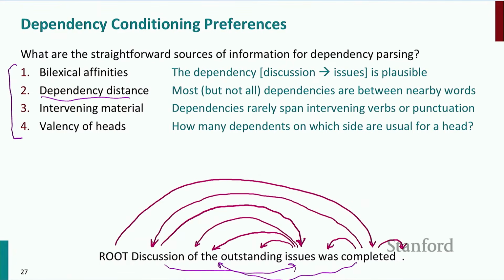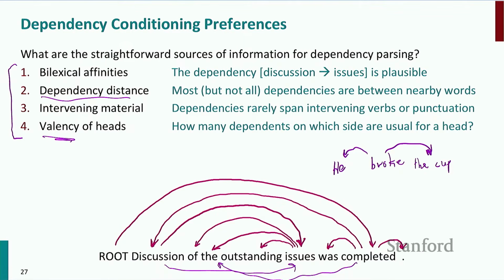And then there's a final one, which is to think of the valency of heads. That's how many arguments they take. So if you have something like a verb "broke," it probably has something to the left because it probably has who did the breaking. And it probably has something to the right because there might be the cup or something like that.